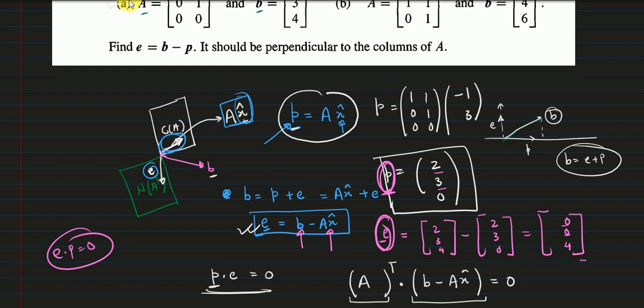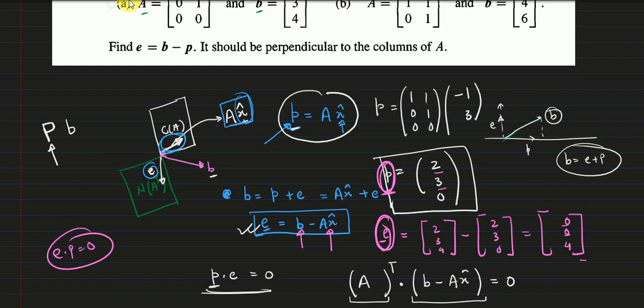If you have this given vector b, and you want to project it into some subspaces, then what matrix will do this kind of transformation? That we call the projection matrix.